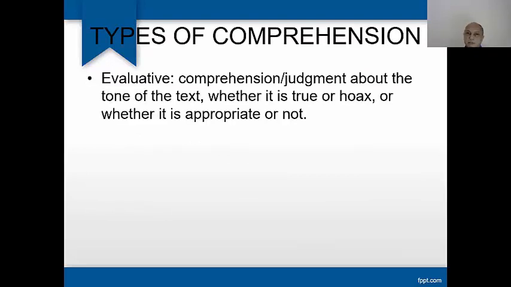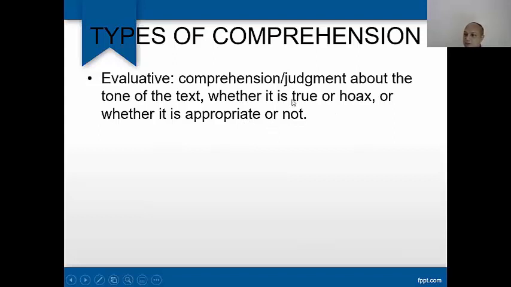And then there's another level of comprehension, which is called evaluative. Evaluative is a comprehension or judgment about the tone of the text, or whether it is true or false or hoax, or whether the language being used is appropriate or not.